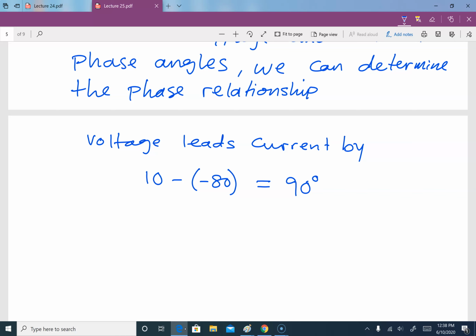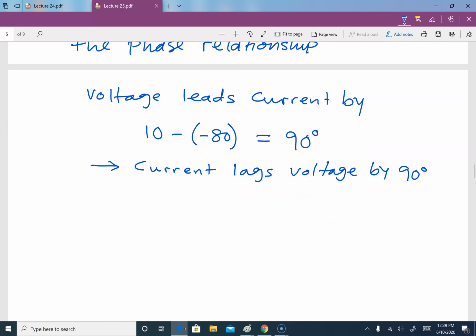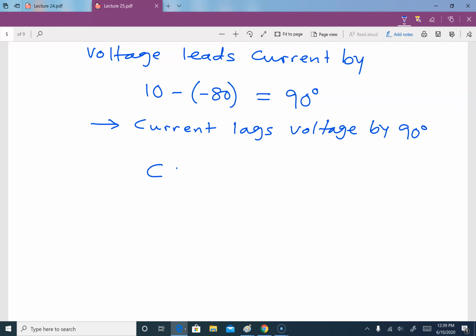So in this case, when we are saying that voltage leads current by 90 degrees, that means at the same time current lags voltage by 90 degrees. So we can use here the CIVIL rule.